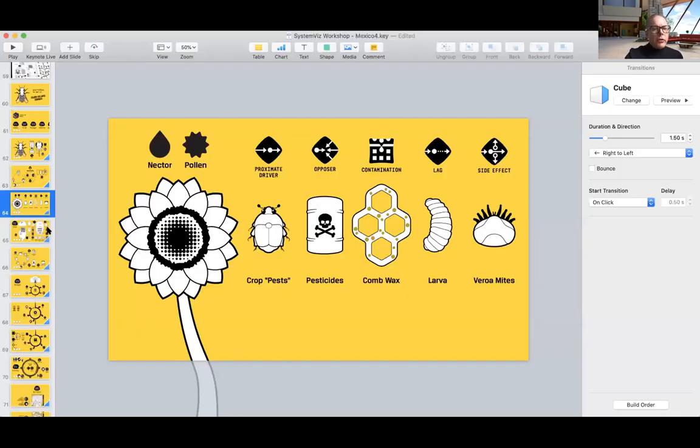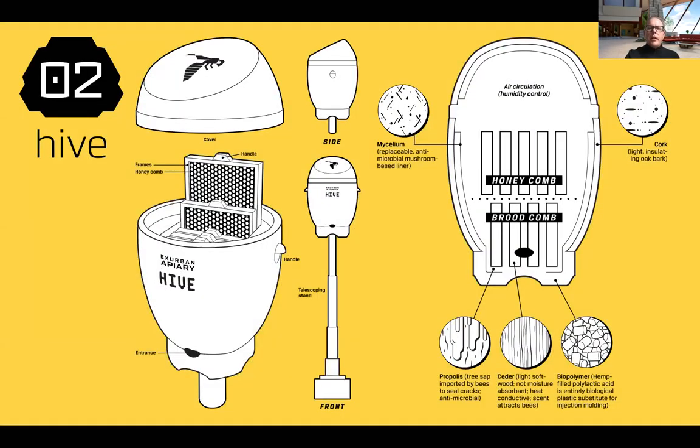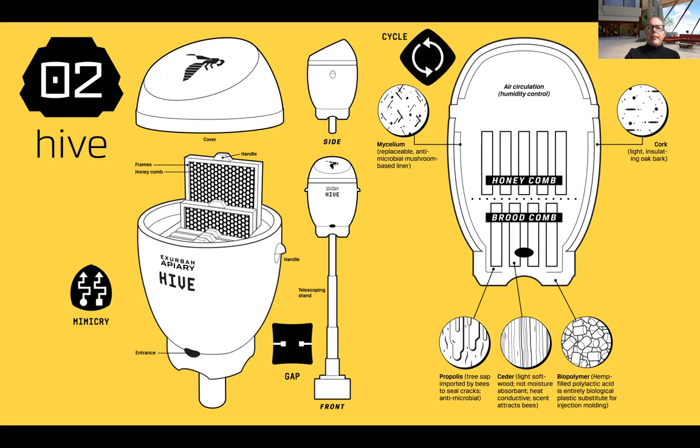I also wanted to point out an example from the hive as a design object, where we create this hive, designed to mimic a real-life beehive. It's raised up above the ground so that bears don't attack it. It's using recyclable materials so that they biodegrade, and so forth.